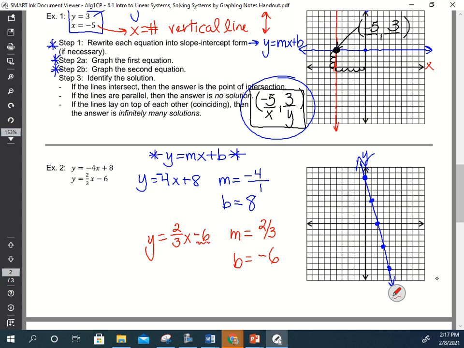Remember, make sure y'all take the sign that's sitting in front of it. So go to the y-axis. 1, 2, 3, 4, 5, 6. So your slope is 2/3. So go up 2 to the right 3.